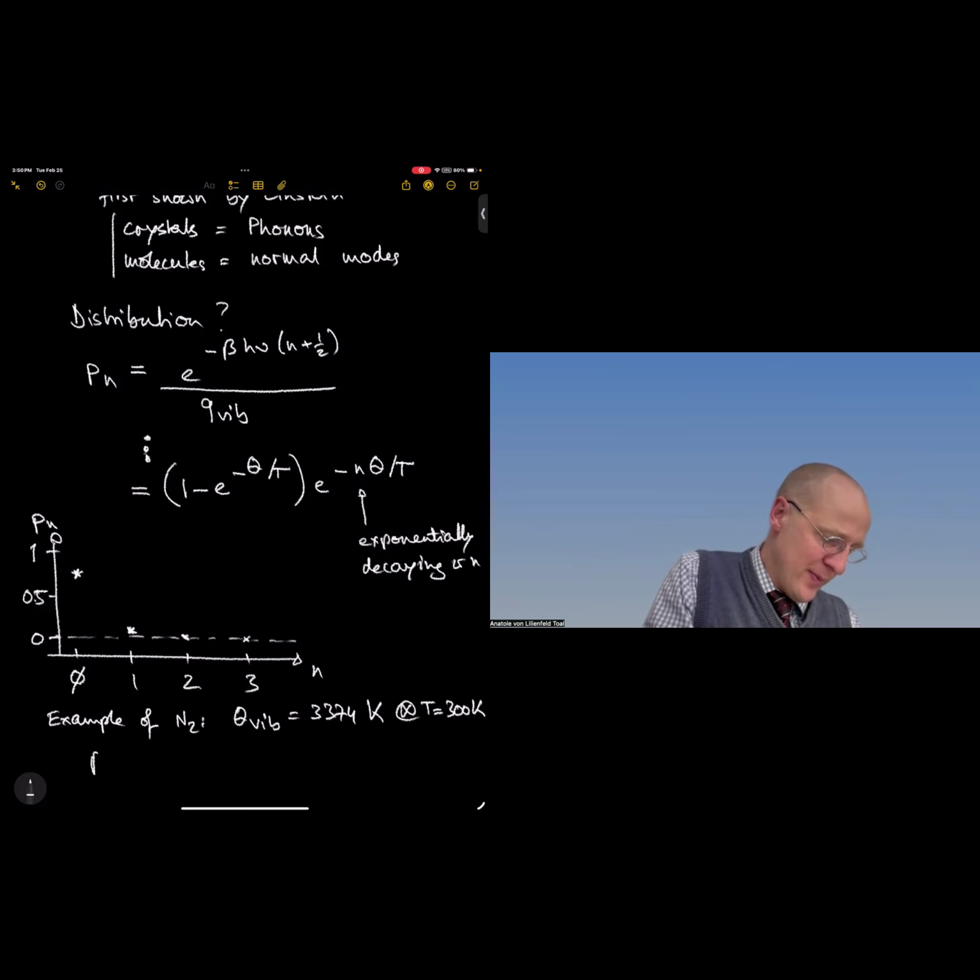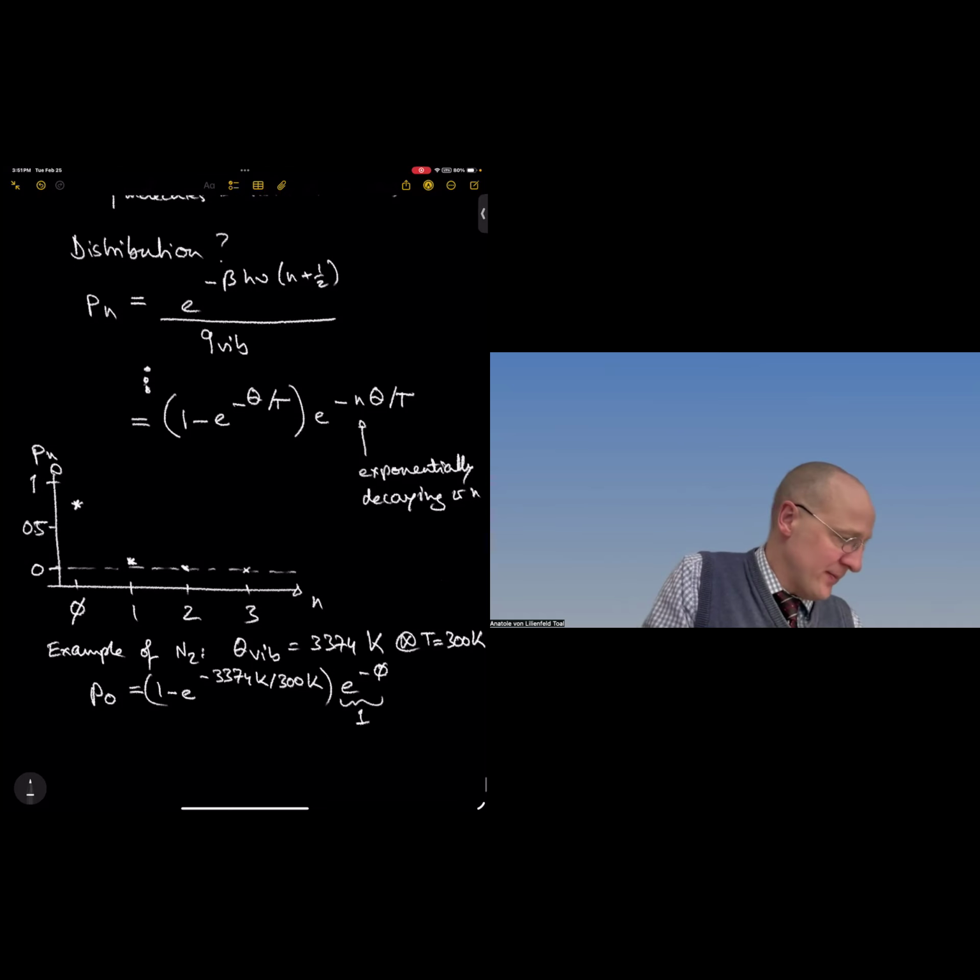Your probability of your 0th state is 1 minus e to the minus 3374 Kelvin over 300 Kelvin, times e to the minus 0, which is 1.